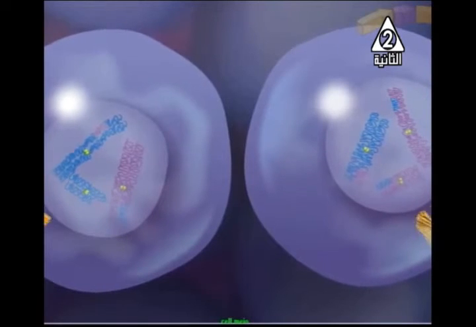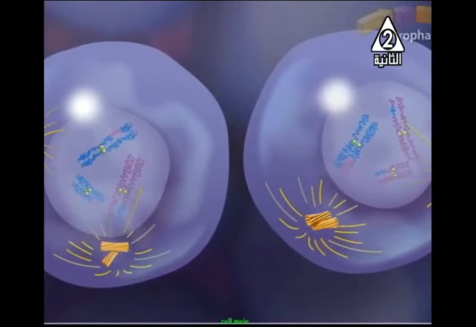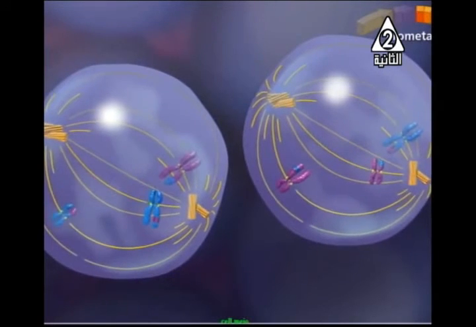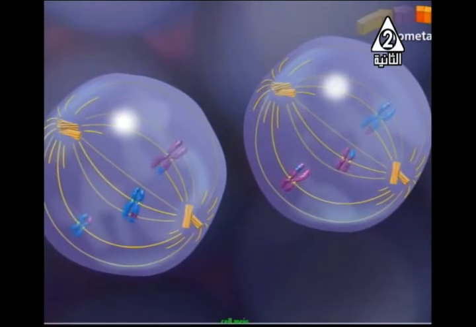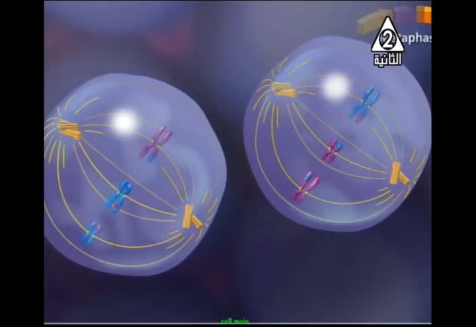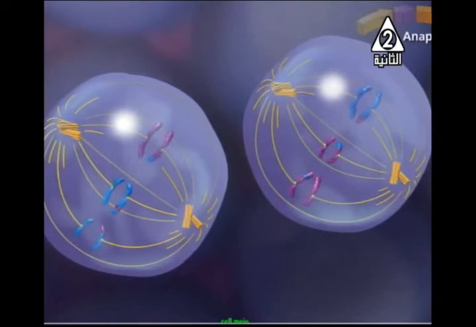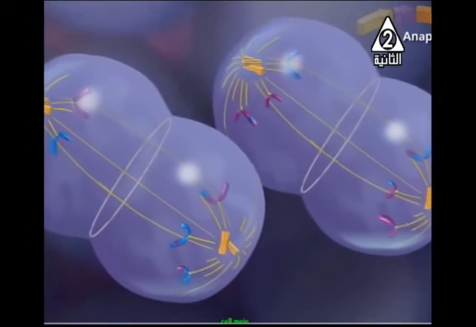Then the cell prepares itself to undergo the second meiotic division. The chromatin reticulum condenses to form chromosomes, then each chromosome is connected to the spindle fibers in prophase 2. Then the chromosomes are arranged at the cell equator in metaphase 2, then the spindle fibers shrink to split each chromosome into two identical chromatids.